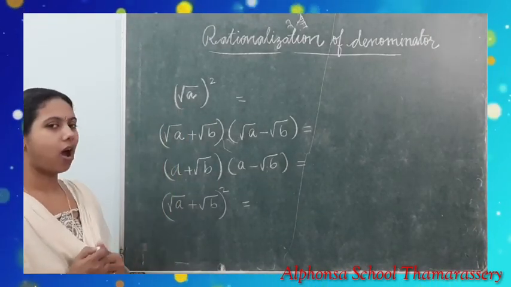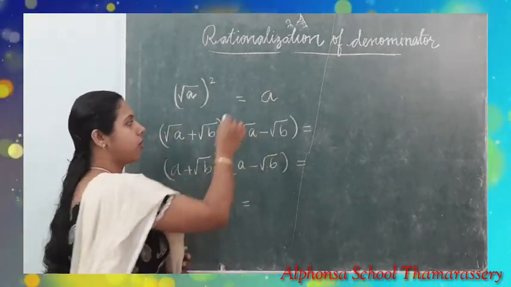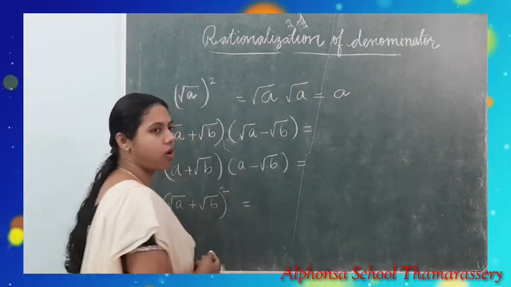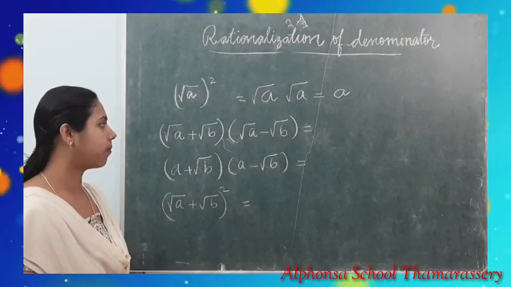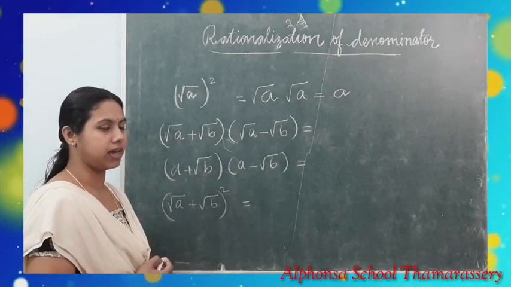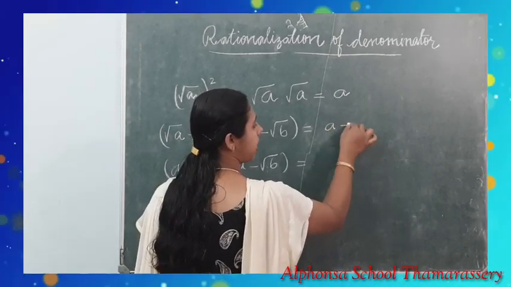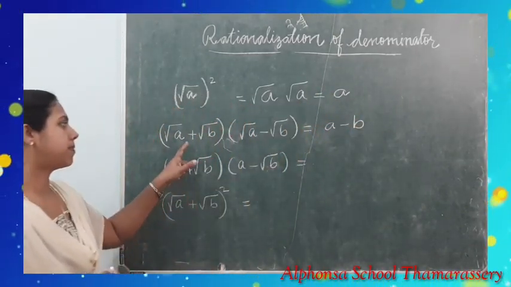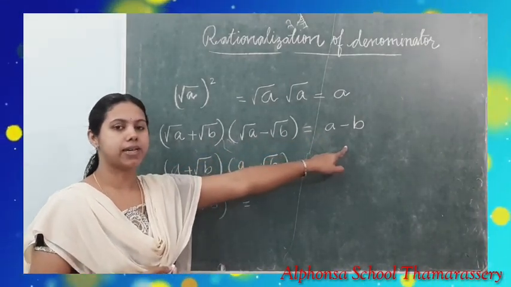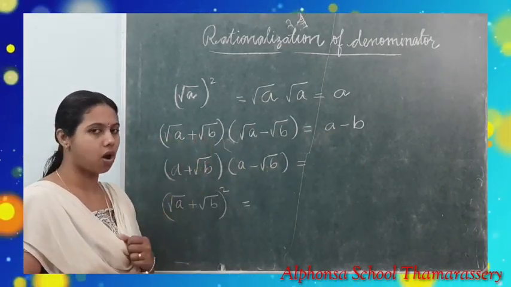So, root A whole square is equal to A. That is root A into root A, which is equal to A, the root of A square, which is equal to A. Root A plus root B into root A minus root B is equal to A minus B, because it is root A whole square minus root B whole square.